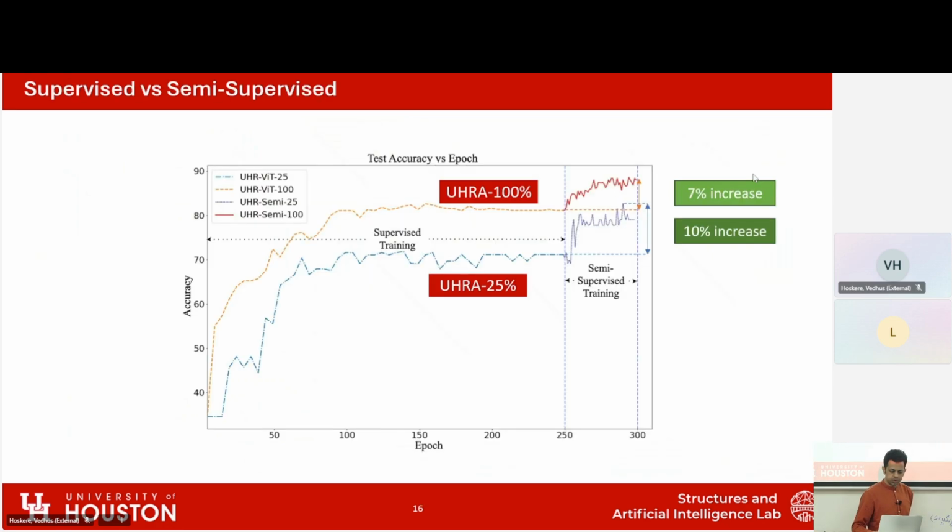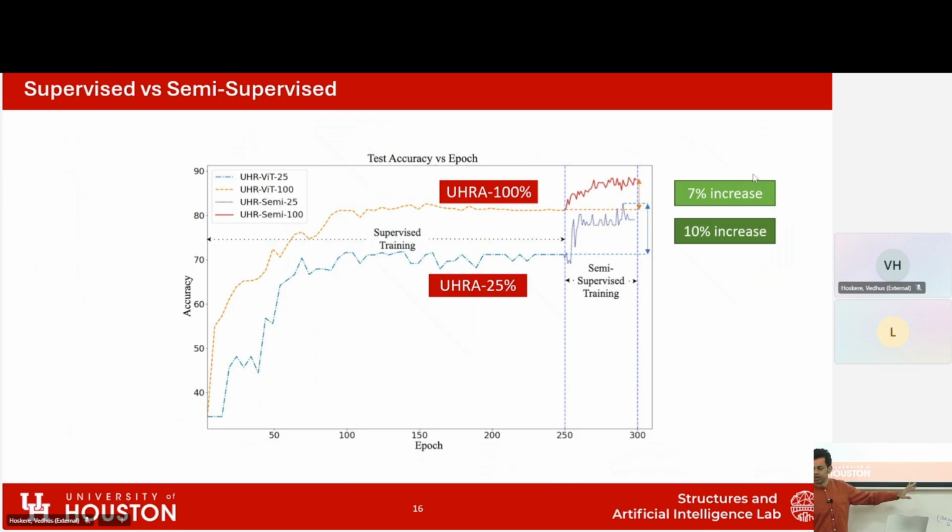So the goal was to study how the training data affects the performance. If you're using a semi-supervised approach, then the unlabeled data will improve the performance, but it still depends on the amount of labeled data that you have.